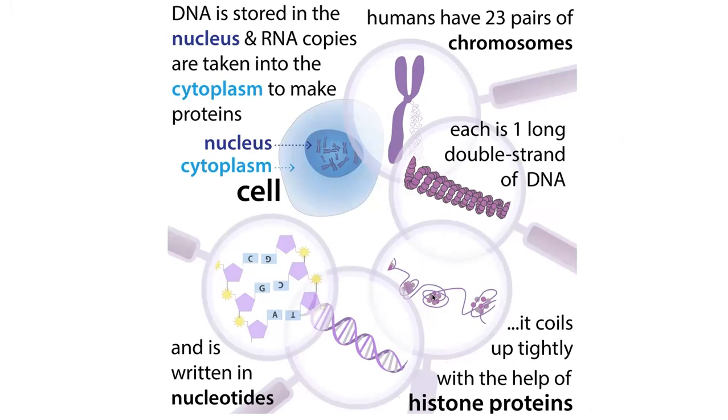When we talk about the DNA wrapped around a histone, we call this a nucleosome. And so we have lots of nucleosomes, and the histone proteins in those nucleosomes can be modified in order to alter the accessibility of regions of DNA.